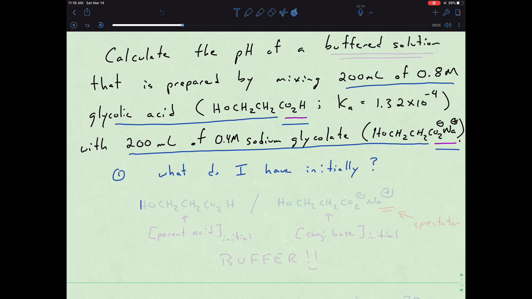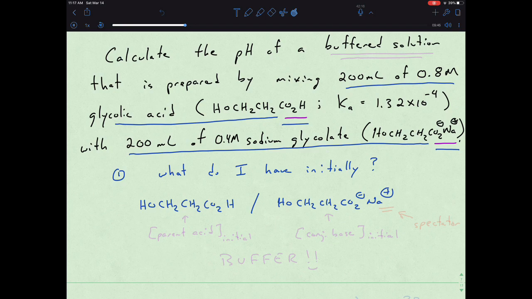So basically I have a solution that contains these two components. We have the glycolic acid and we have the sodium glycolate.